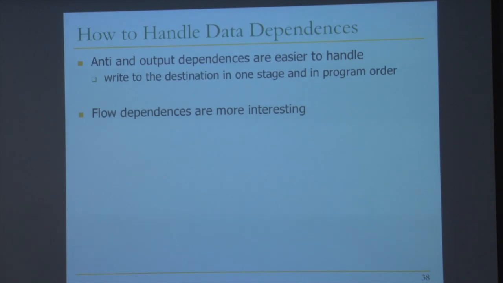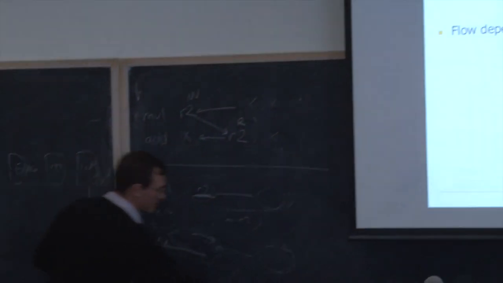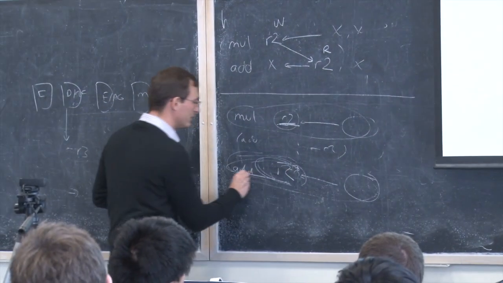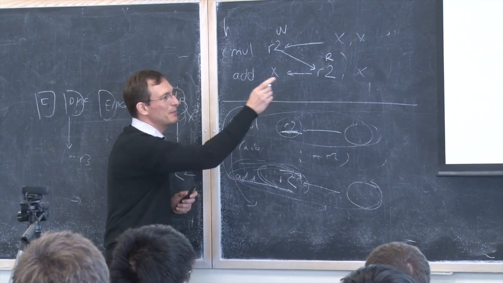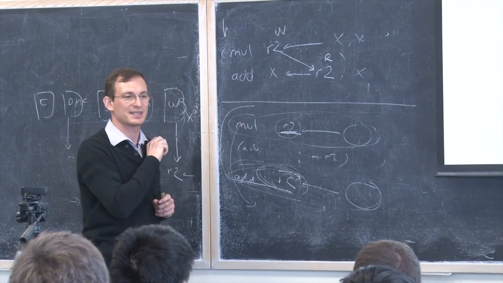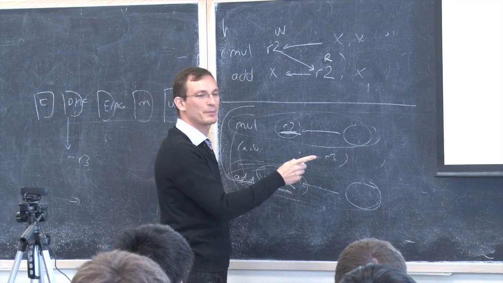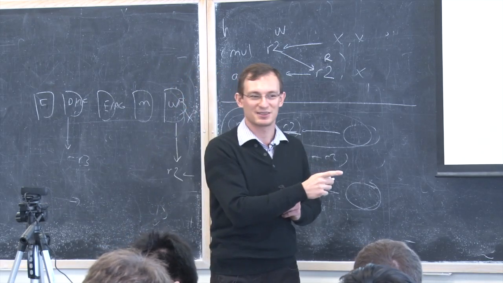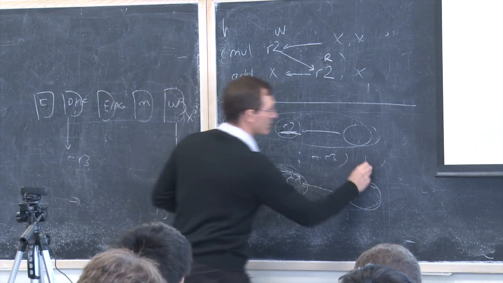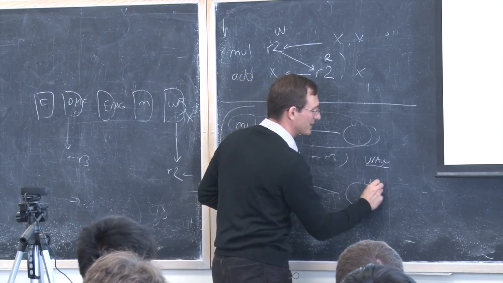You can only violate an output dependence, assuming this is R2, if you reorder these instructions somehow. But in this pipeline, you never reorder instructions. You write to the destination register at the end of the pipeline in program order and only in one stage. So there's no problem with the write after write dependence, and there's no problem with the write after read dependence.